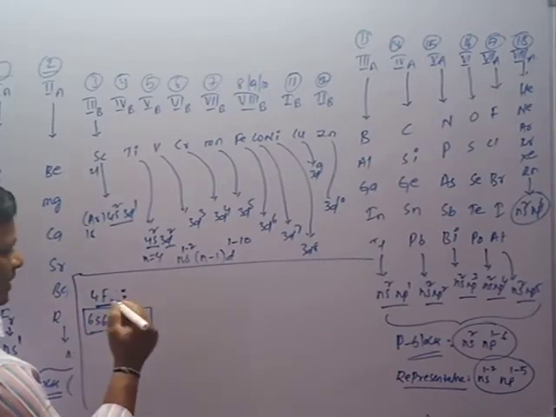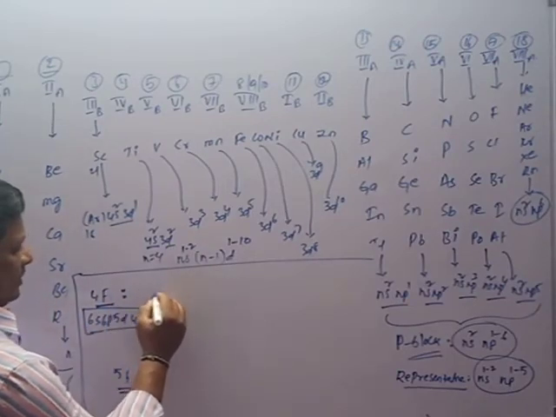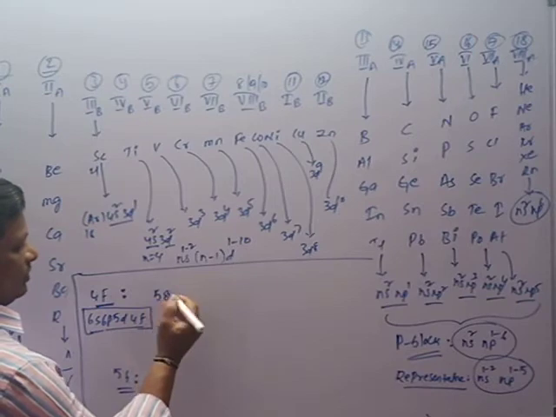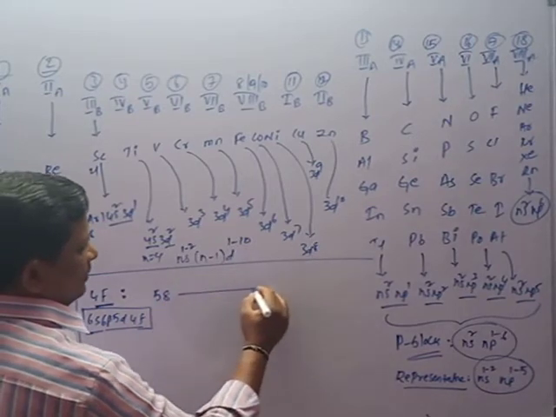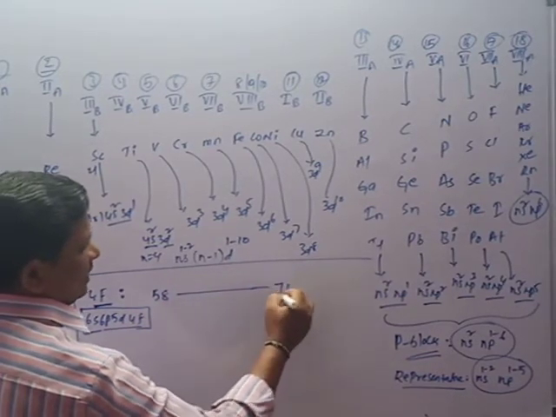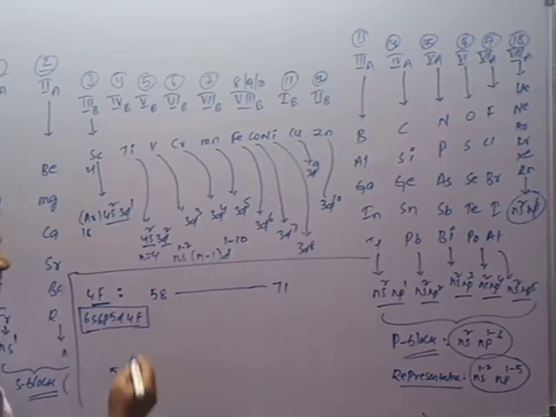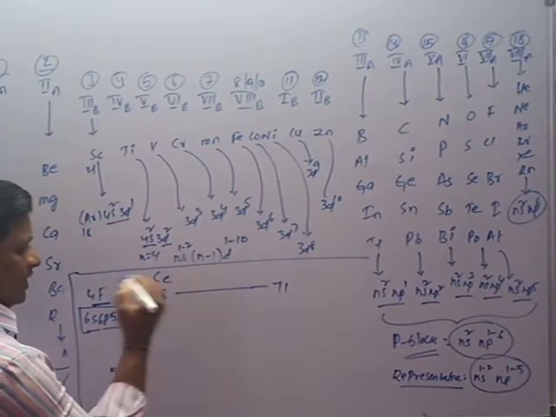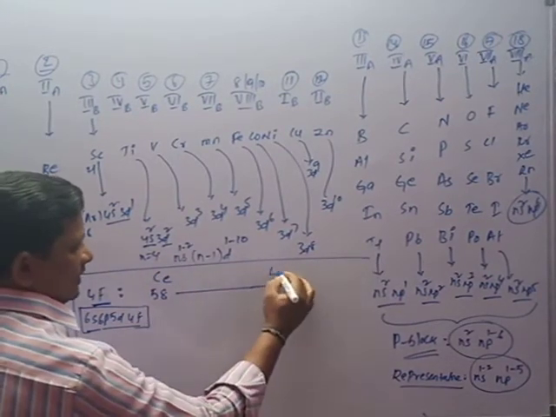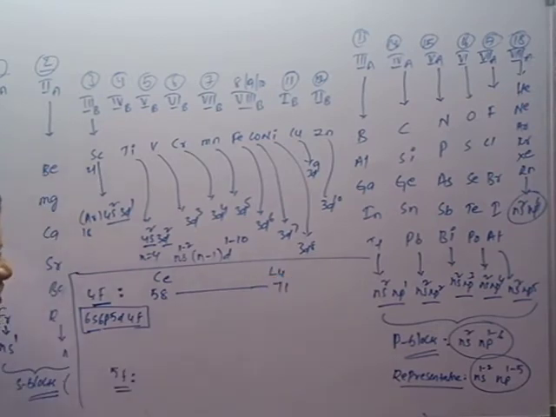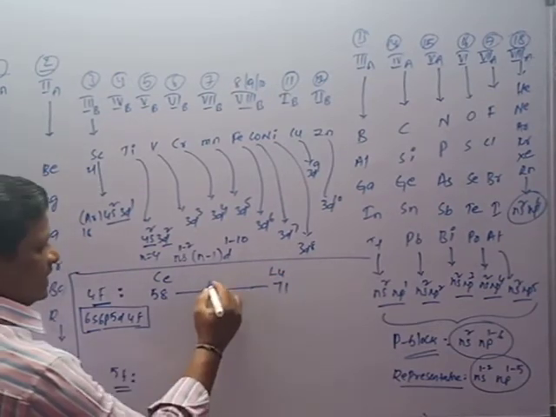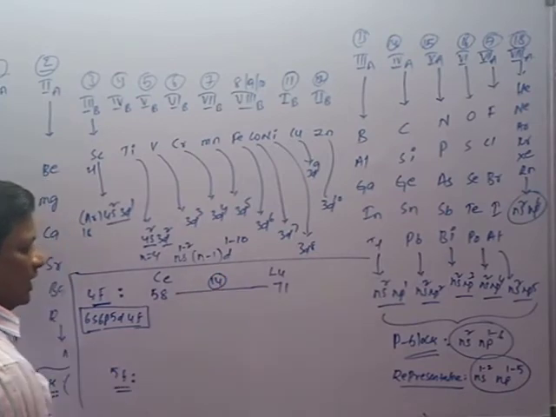These have atomic numbers 58 to 71. Element 58 is cerium, and element 71 is lutetium. It consists of 14 elements.